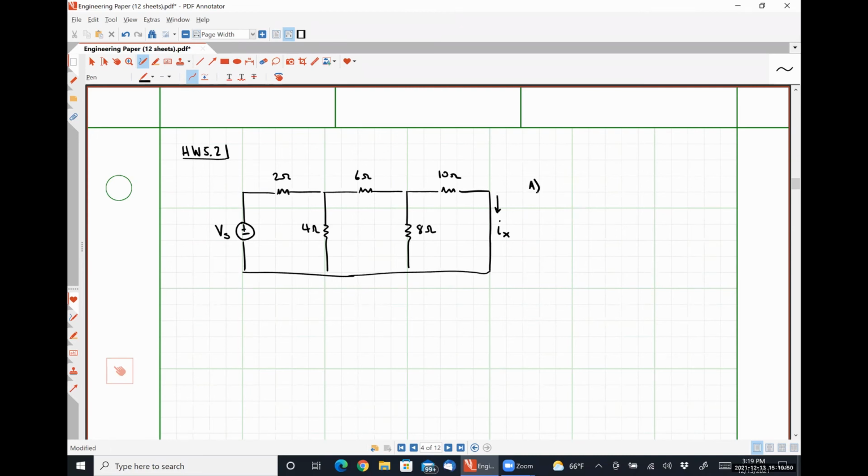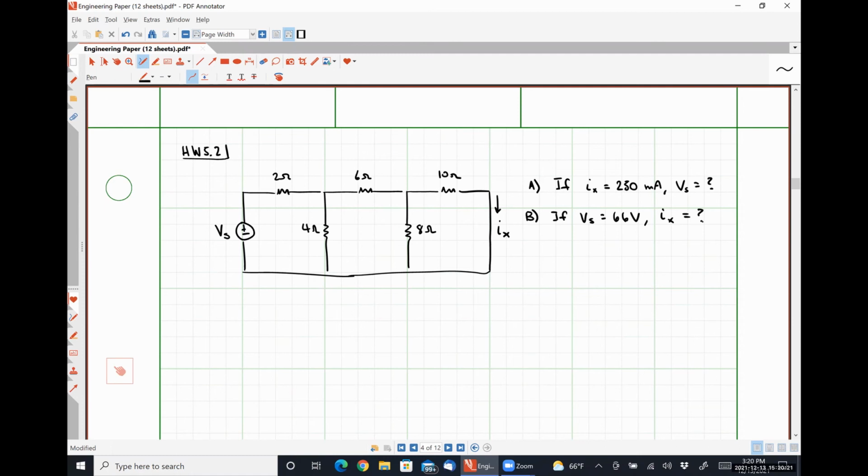Part A says if Ix has some value, so let's call it 250 milliamps, solve for the value of Vs. And part B says if Vs has a value, call it 66 volts, solve Ix.